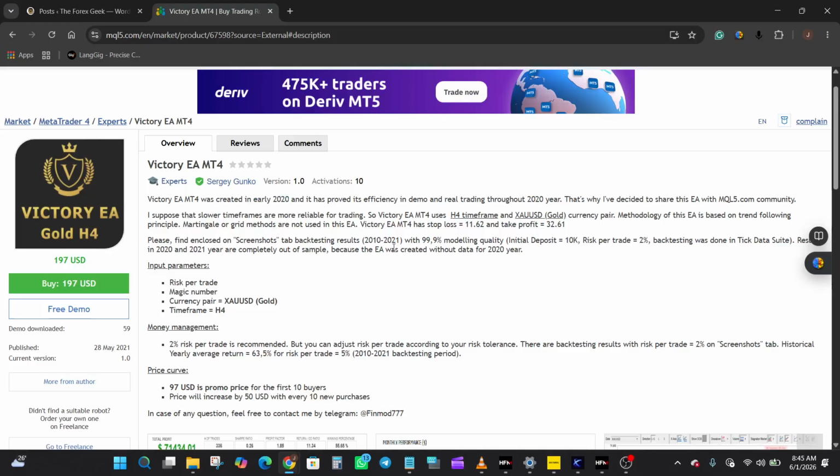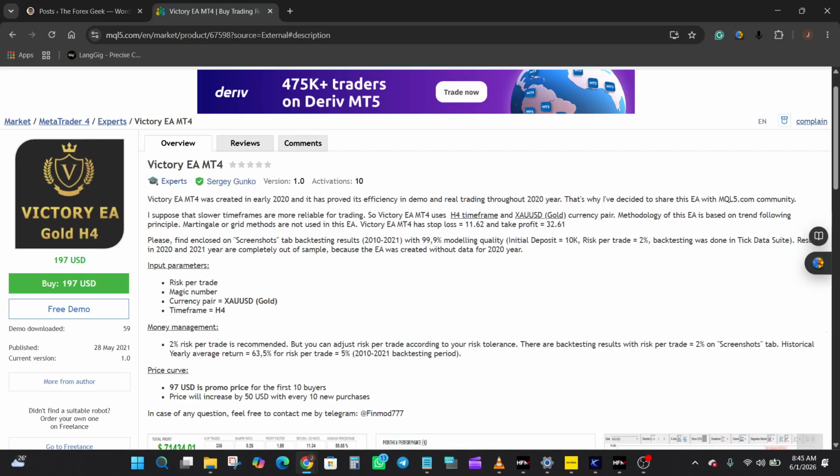One of the first things worth noting is that this is an MT4 expert advisor and the developer has designed it specifically around the XAUUSD or gold market. The recommended time frame is H4, which aligns with the developer's view that slower time frames tend to offer more reliable trading conditions.